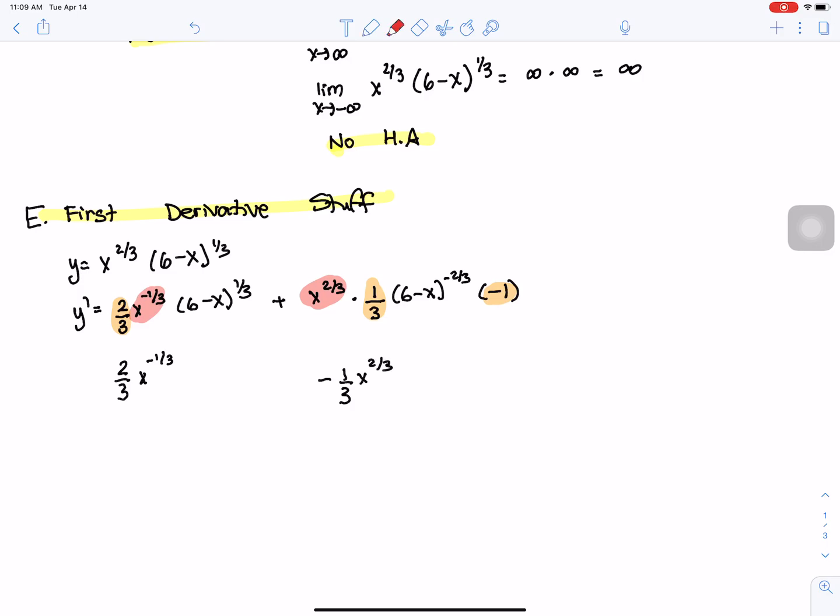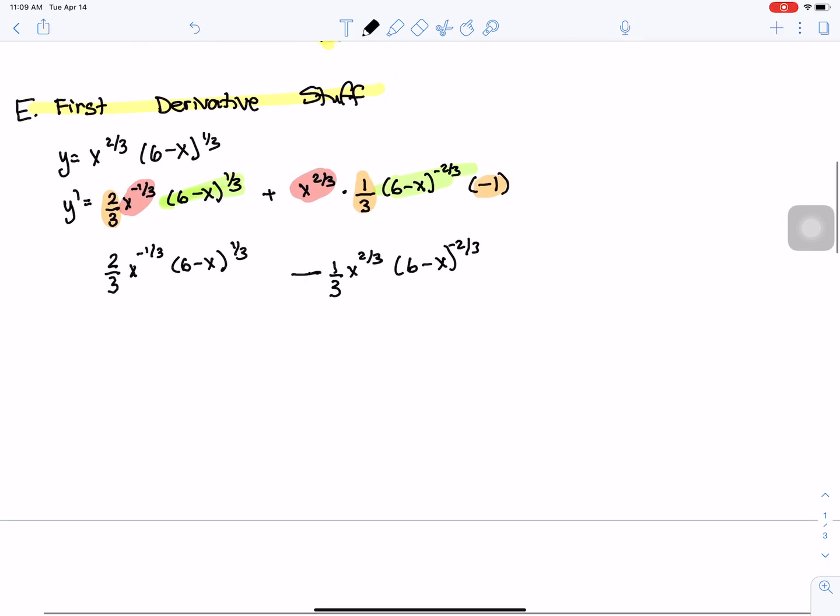And then I'm going to write the 6 minus x term third over here. So 6 minus x to the 1/3, 6 minus x to the negative 2/3, and then we have our minus sign separating the terms.